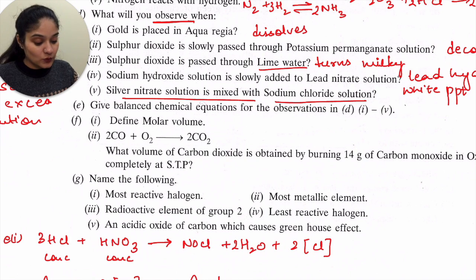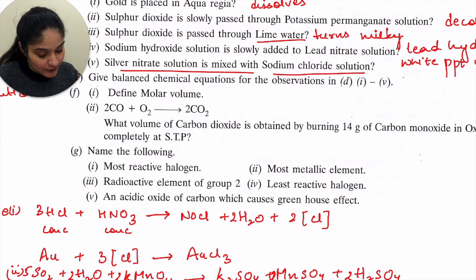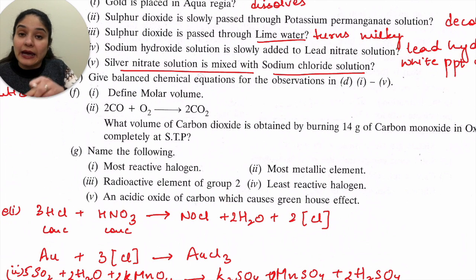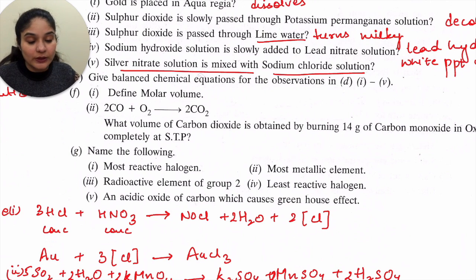In this case you have to understand that it is being slowly added. That means when the first part of the reaction happens, when you have sodium hydroxide reacting with lead nitrate, you will end with lead hydroxide first, and then lead hydroxide continues ahead to combine with sodium hydroxide because it is slowly being added. So you have to give two equations.